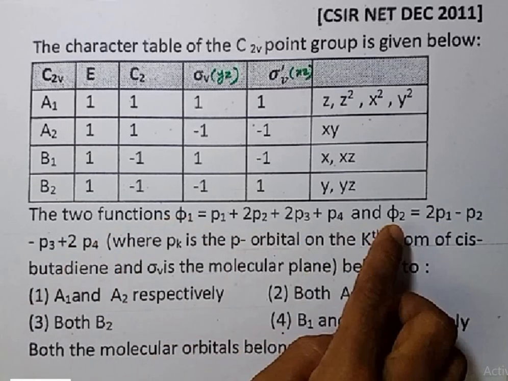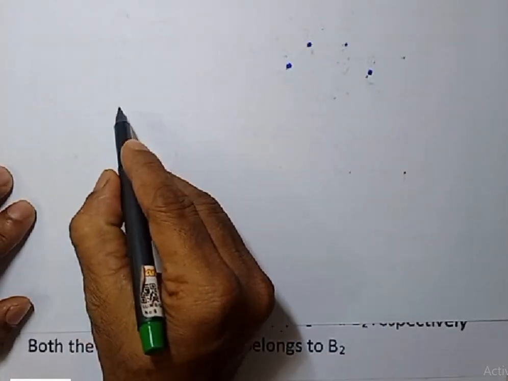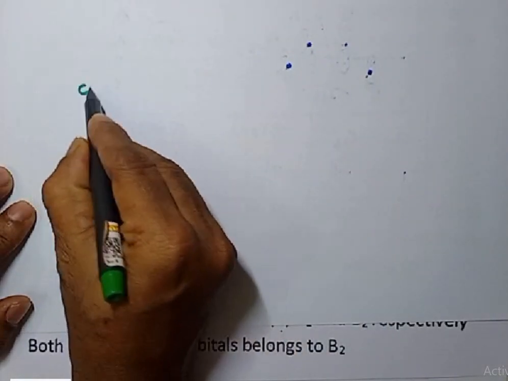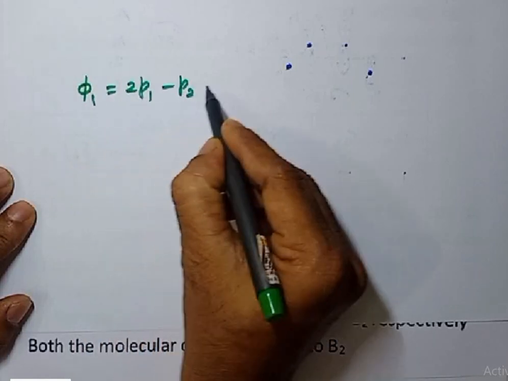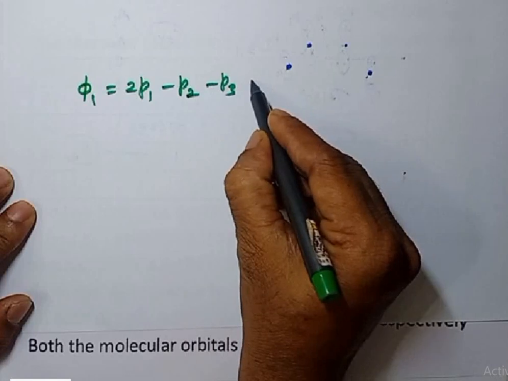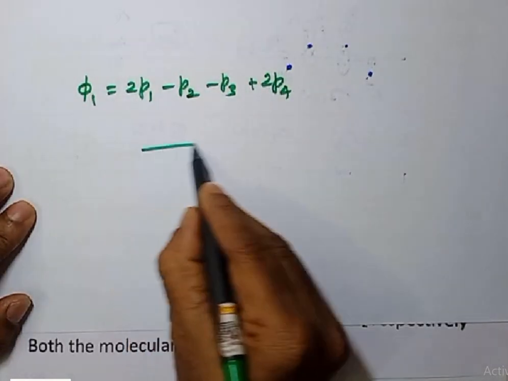They contribute less, but they have negative sign. So let me draw the structure here. Observe this carefully. Let me do it here. So P2 is given as 2 times P1 minus P2 minus P3, then plus 2 times P4. Okay, let me draw the structure here.